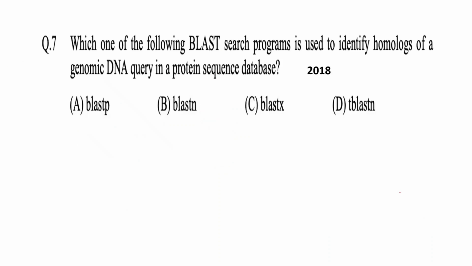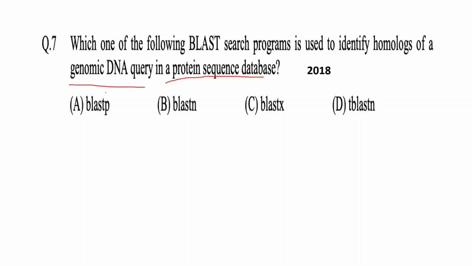In 2018 one question was asked: which one of the following BLAST search programs is used to identify homologues of a genomic DNA query in a protein sequence database? Here it is asking which BLAST program is used with genomic DNA as the query sequence, searching against a protein sequence database.